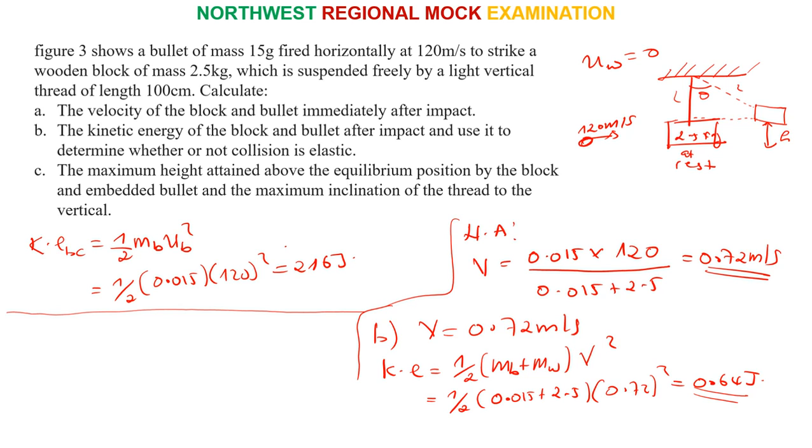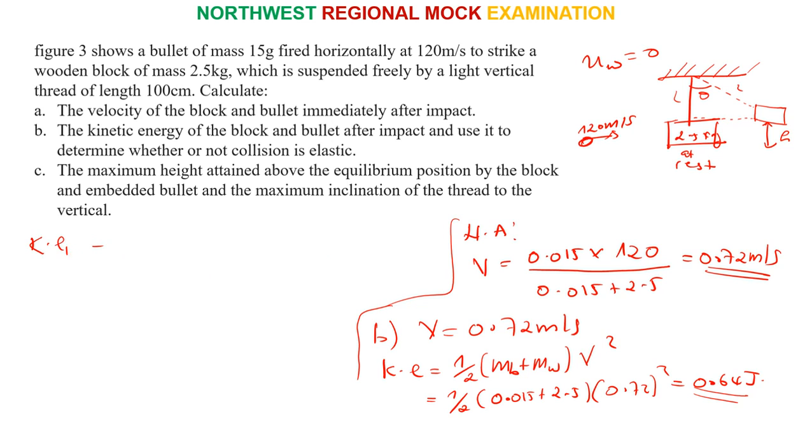Now let me try to represent the problem here. So let me cancel this initial part so that I represent the problem clearly and see exactly what is happening. I'm going to use my block as a small rounding. So this is the initial state of our block.